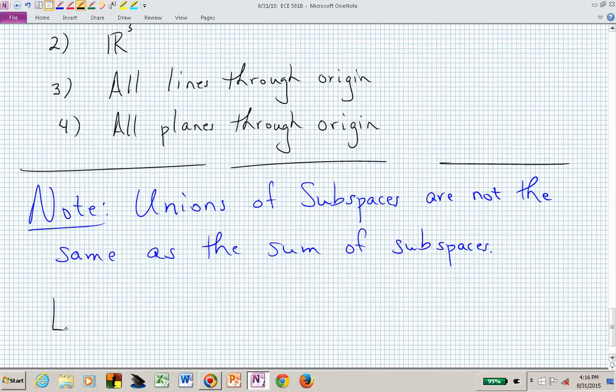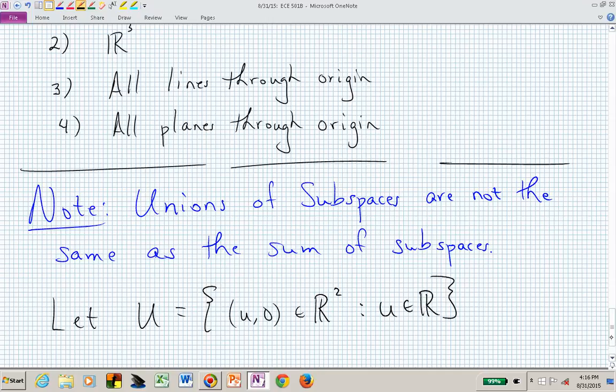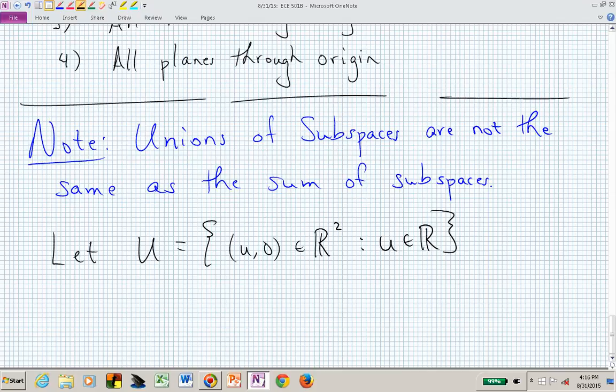For example, let's look at two subspaces. Let's say U is one subspace, and let's let that be all points on the x-axis. U can be any real number, and the subspace only possesses non-zero coordinates in the x coordinate.